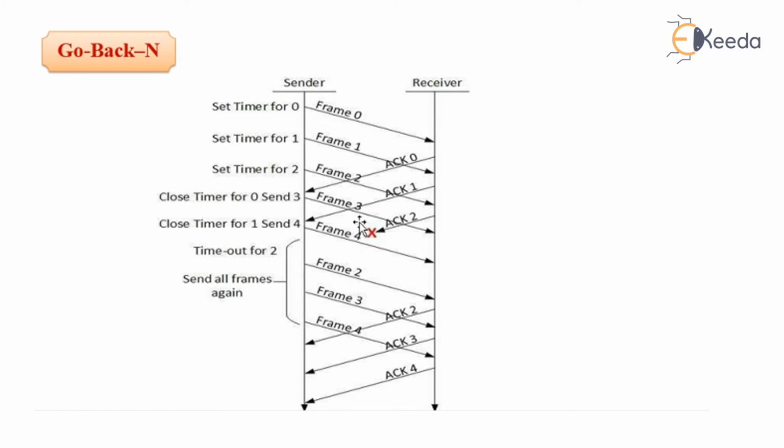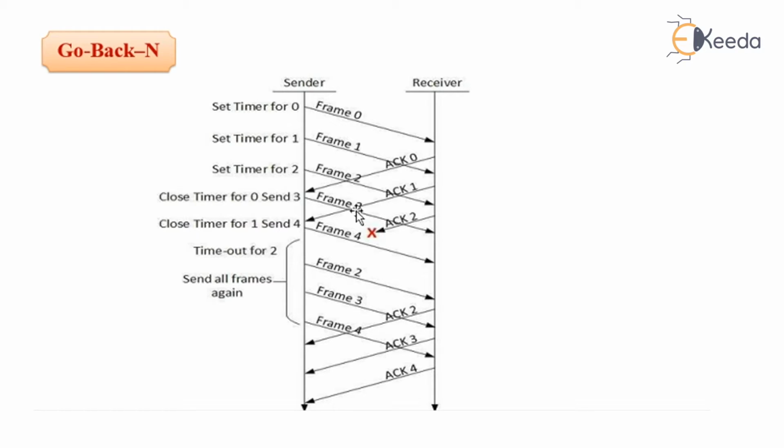In such a case, the sender stops transmitting from the frame number that was not successfully received by the receiver. For example, 0, 1, 2, 3, 4 are sent, but there is a failure in frame number 2. So the sender retransmits all the frames starting from frame number 2.